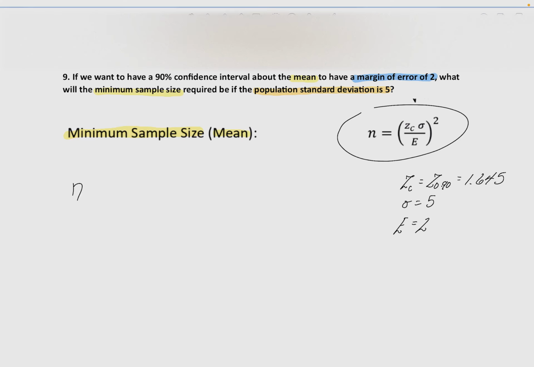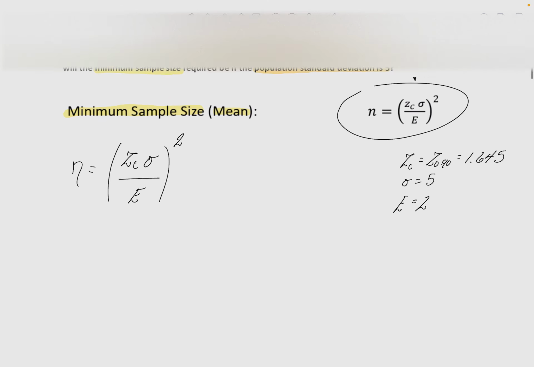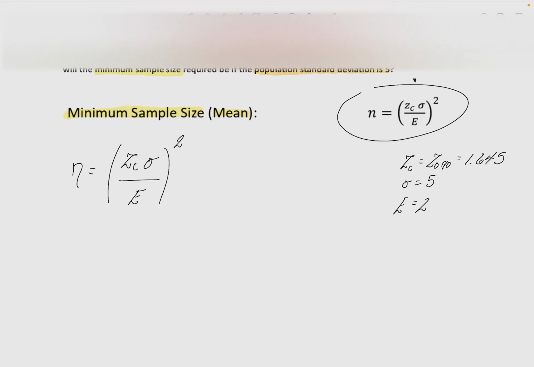So rewriting the equation, we have n is equivalent to, in parentheses, the z critical multiplied by the population standard deviation divided by the margin of error e, squared. The z critical value is 1.645. So we're going to plug that in there. The population standard deviation is 5, so we're going to plug that into the numerator as well.